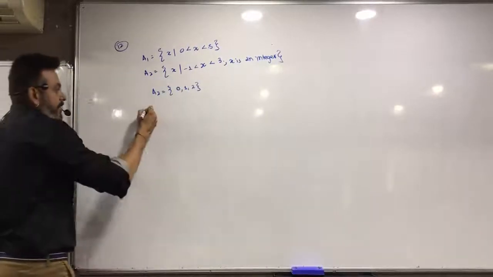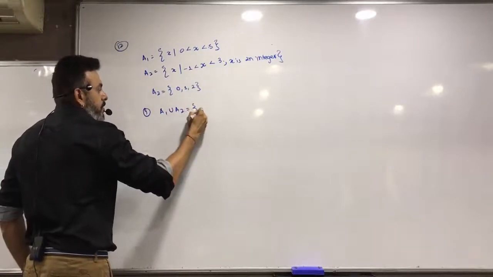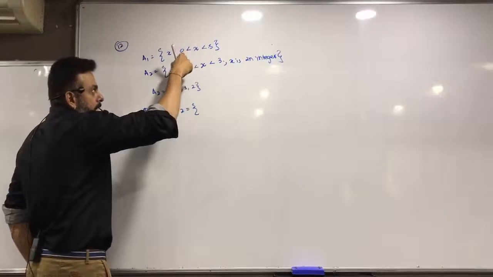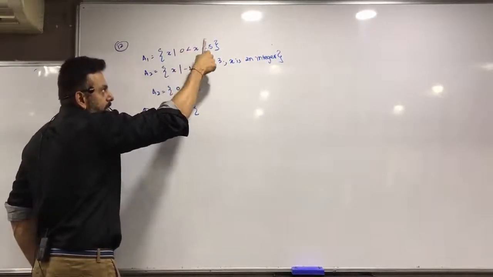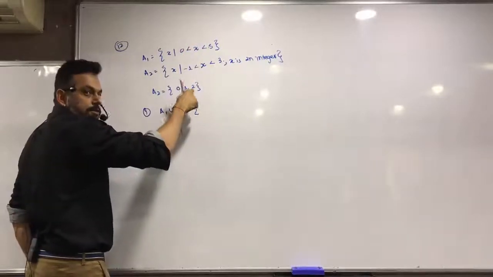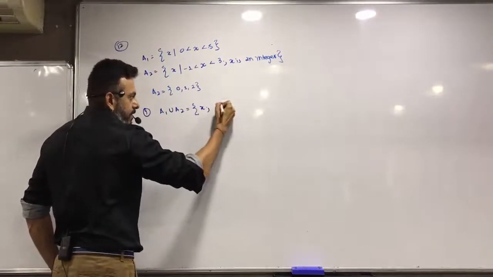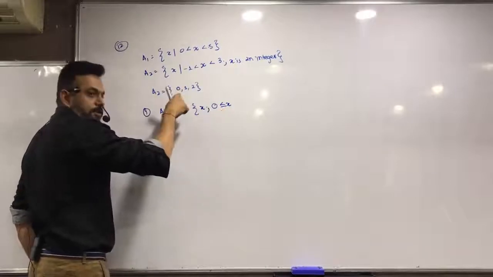Now when I find first A1 union A2, तो ये 3 तो चाहिए मुझे और यहाँ पे 0 से ज्यादा और 5 से कम वो सब भी चाहिए. तो उसके अंदर ये आ गया कि नहीं 1 and 2 और 0 भी है. So we take X where X greater than or equal to 0, because we have 0 over here.